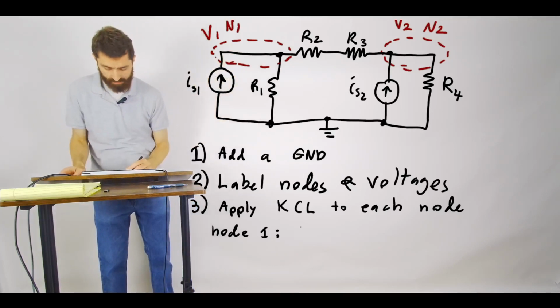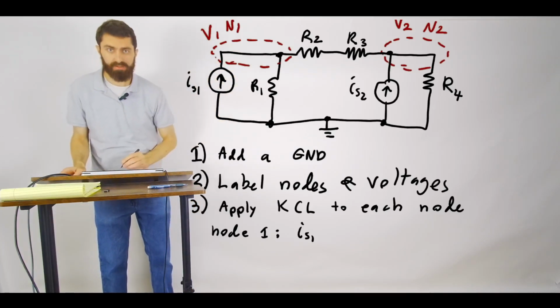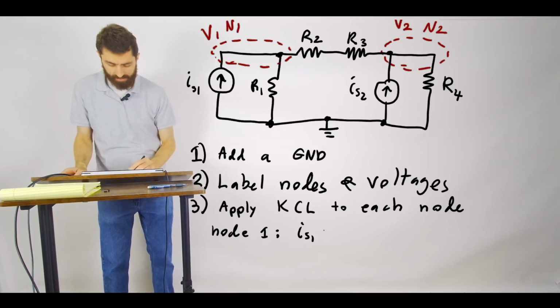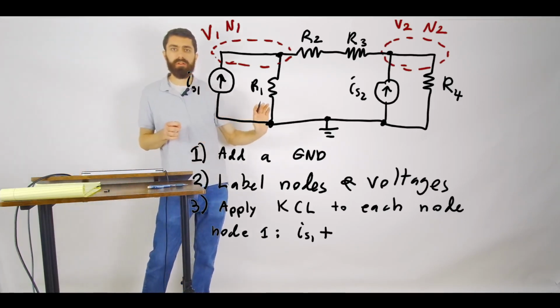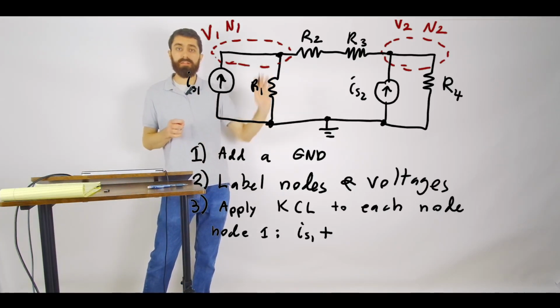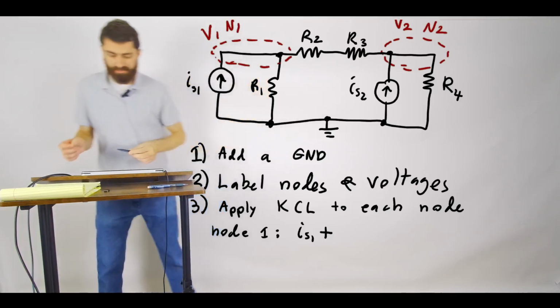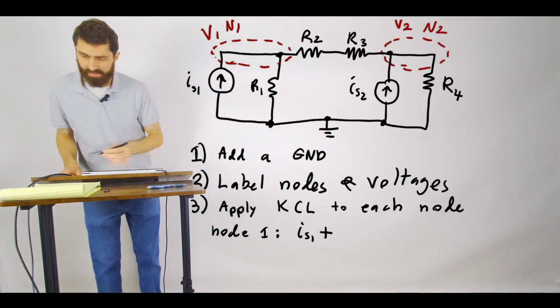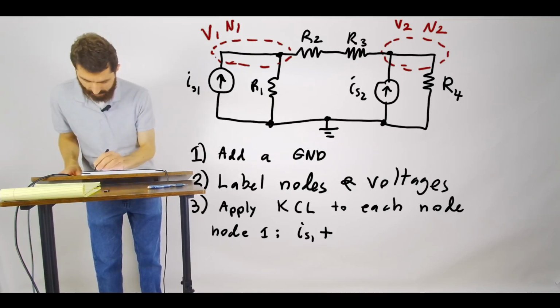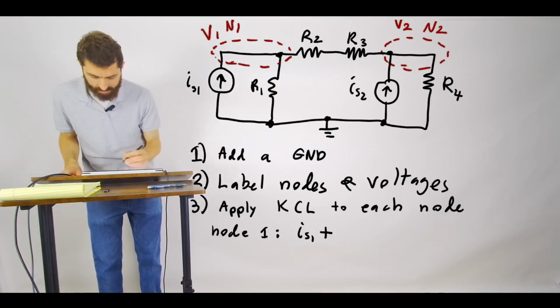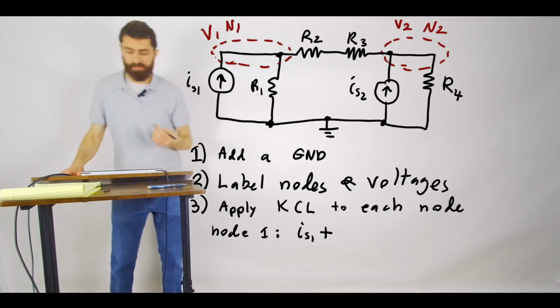So IS1, then plus the current going into the node here. Actually, you can go ahead and just define currents if they're not labeled.